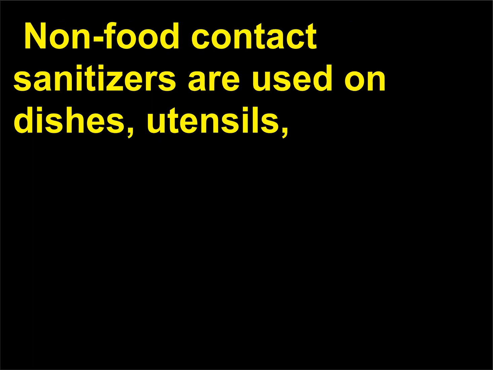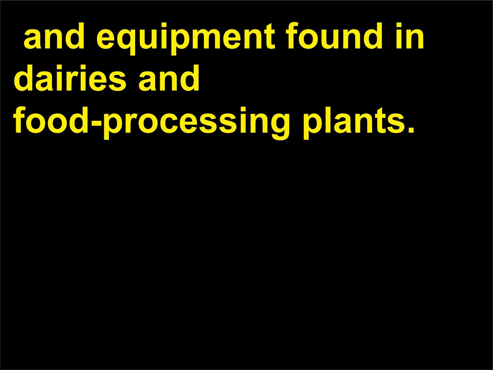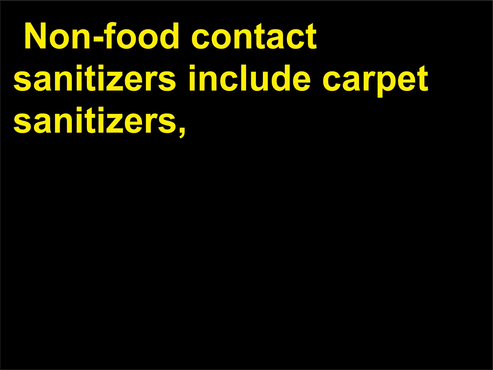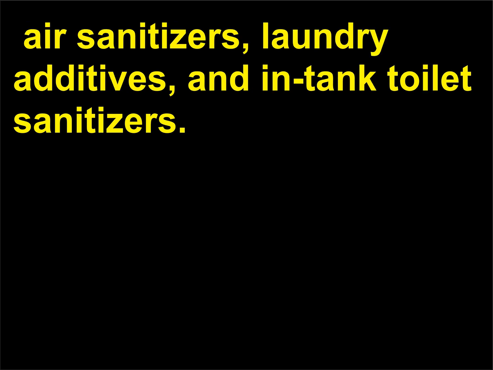Food contact sanitizers are used on dishes, utensils, and equipment found in dairies and food processing plants. Non-food contact sanitizers include carpet sanitizers, air sanitizers, laundry additives, and in-tank toilet sanitizers.